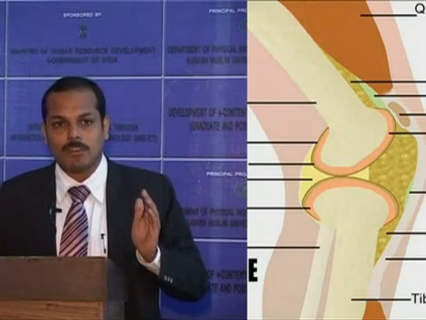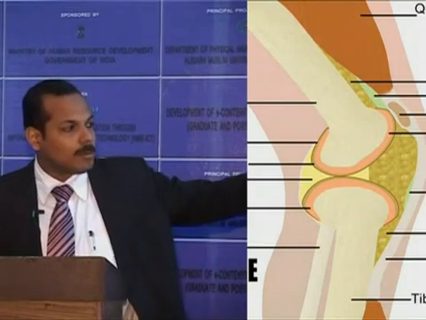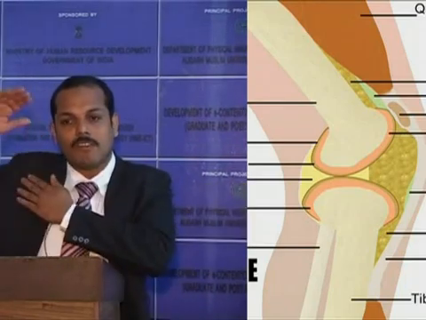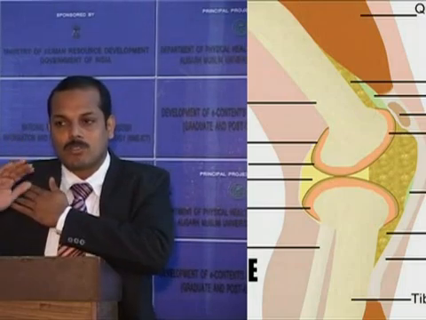Take the example of the shoulder joint: it has lots of mobility, so it compromises stability. That is, in the shoulder joint stability is less and mobility is more. But the knee joint has both stability and mobility, and it is one of the largest joint complexes of the body.